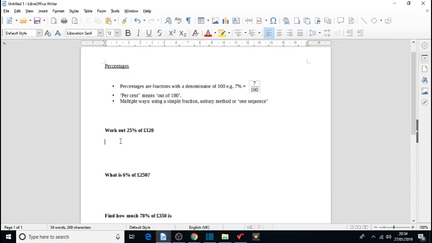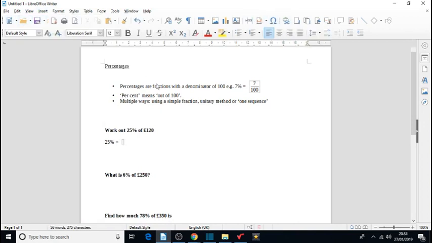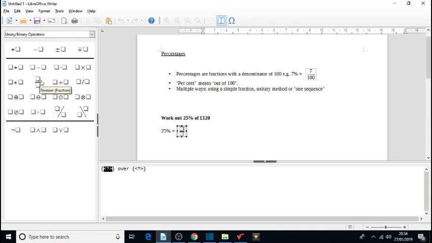Let's jump into the first question. Work out 25% of £120. 25% can also be written as a fraction, 1/4.